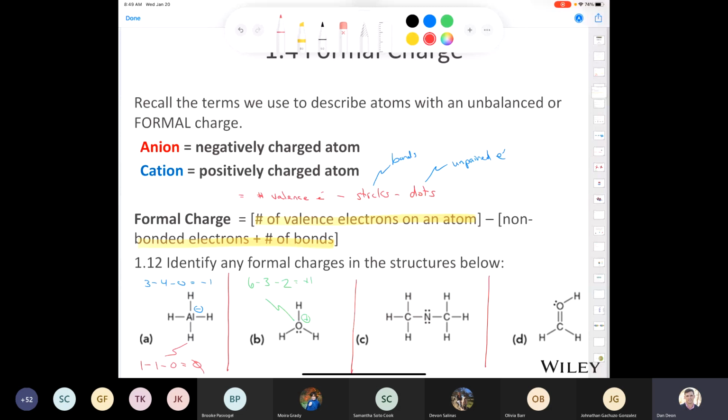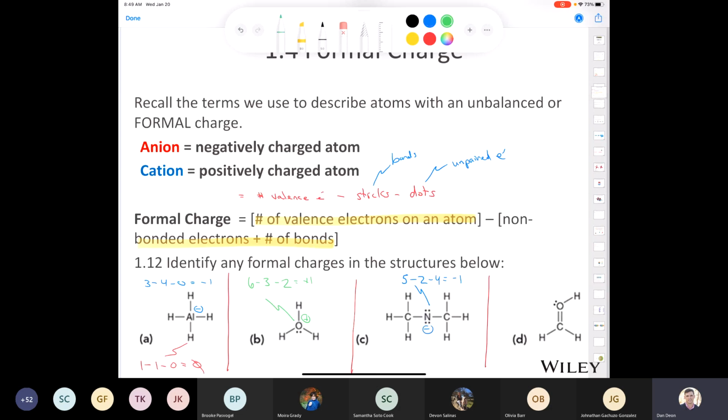Yeah, the charge is on the nitrogen, right? The nitrogen has a -1 charge. And if you're like, well, where are you getting that, Mr. Deon? Well, look, nitrogen is in group 5A, 5 minus 2 sticks, minus 4 dots. 5 minus 2 minus 4 is -1. So that means there's a negative charge on the nitrogen.